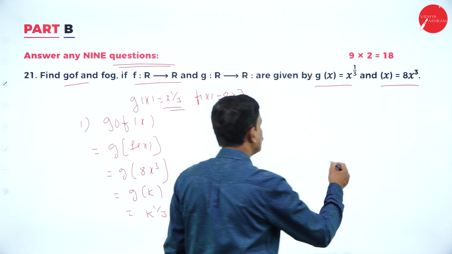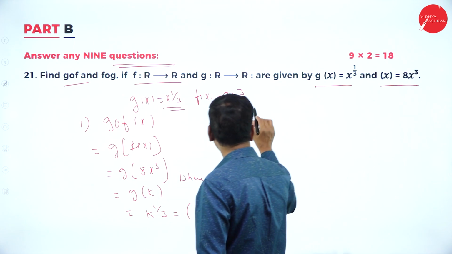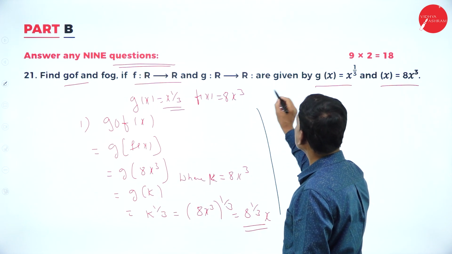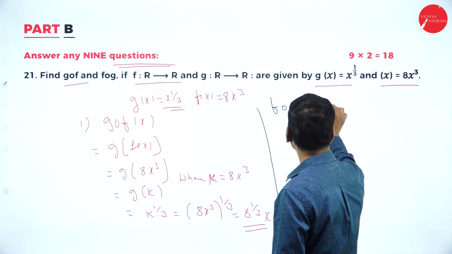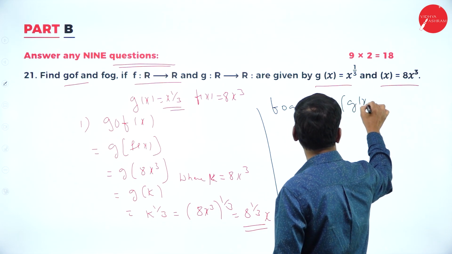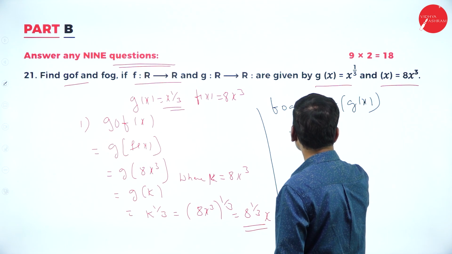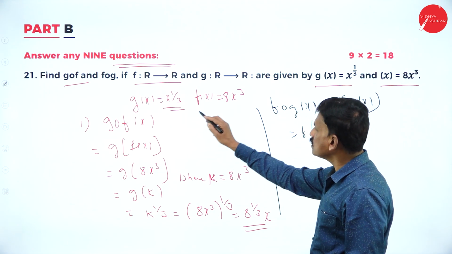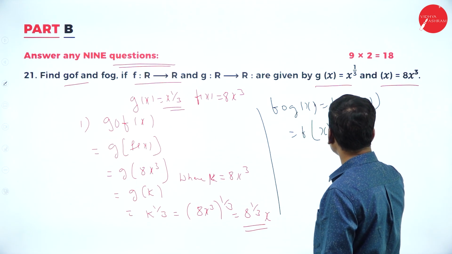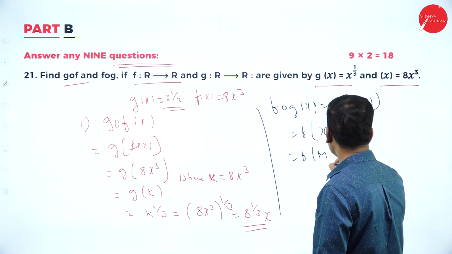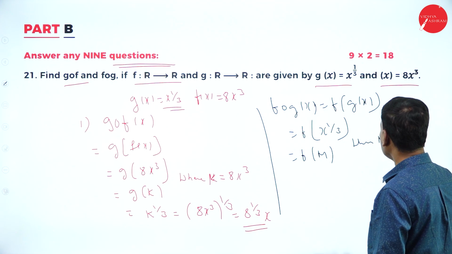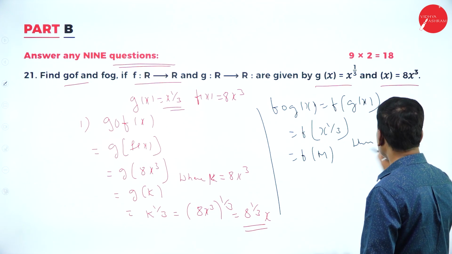Now, on the other hand, find out f o g of x. f o g of x is equal to f of g of x. What is g of x? g of x is equal to x to the power of 1 by 3. Let us call this m, where m is equal to x to the power of 1 by 3.